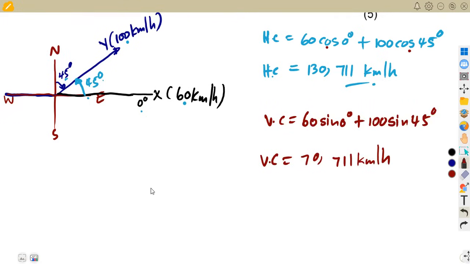But if you want to use positive, just add everything, consider everything taken in the anti-clockwise direction, change the direction of what is relative to, then take your angles in the anti-clockwise direction, and you are done. Once you have got horizontal and vertical, as you can see, horizontal is positive, meaning we are going to the east. Vertical is positive, so we are going to the north.